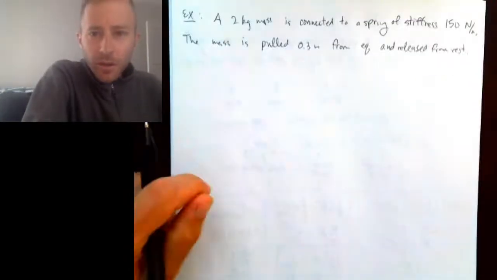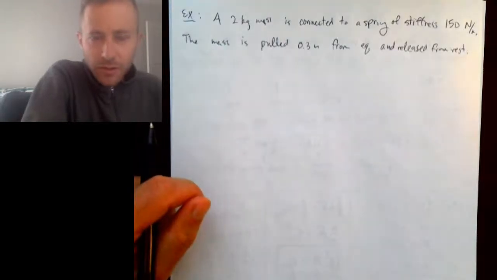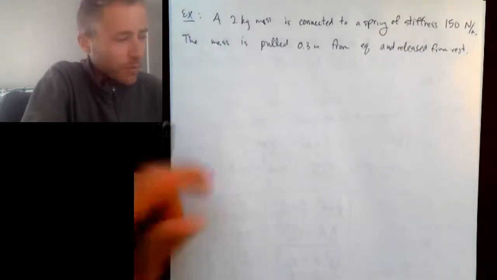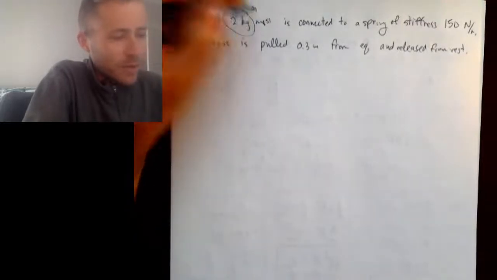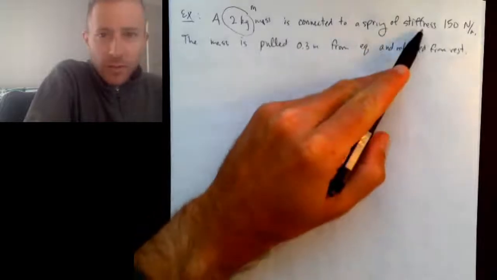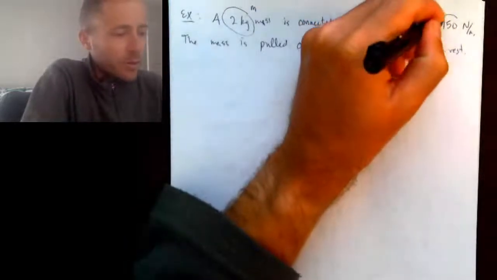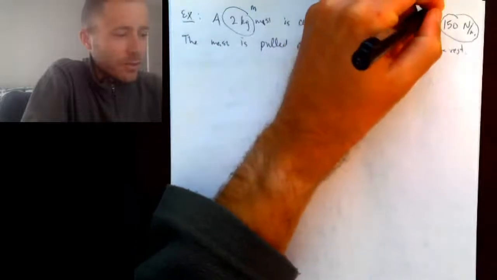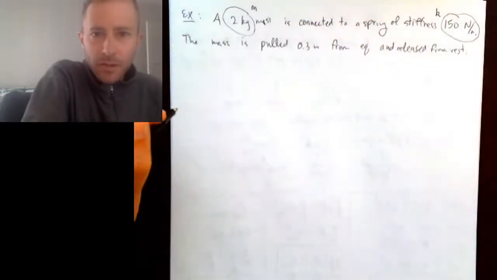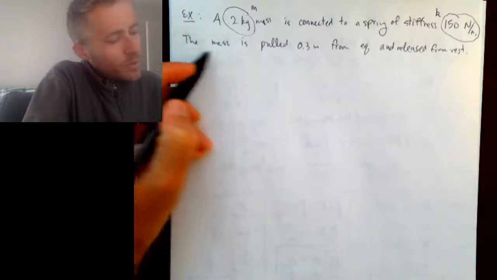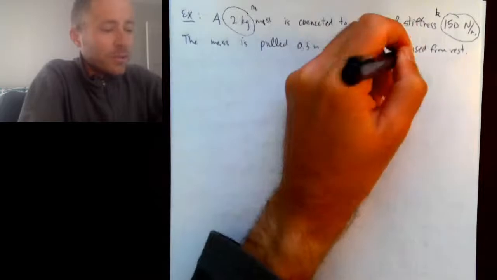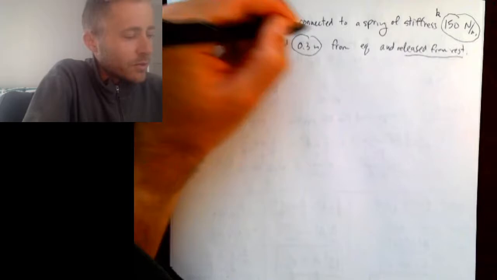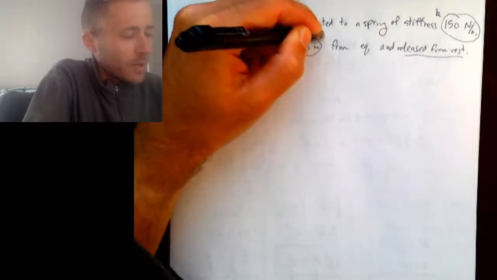Okay, so let's go ahead and parse these sentences and figure out the information. So obviously 2 kilograms is the mass. Spring of stiffness 150 newtons per meter. If you don't remember, stiffness is the variable k. And then when we say that the mass is pulled 0.3 meters from equilibrium and released from rest, that is telling us that 0.3 meters is the amplitude.